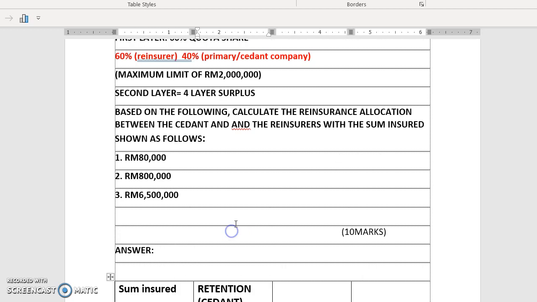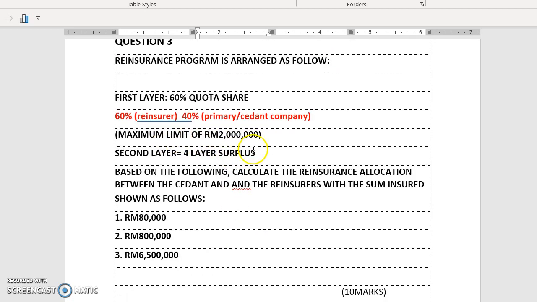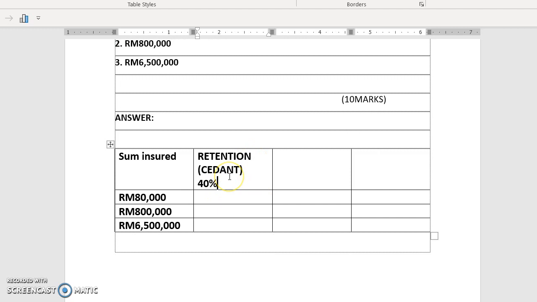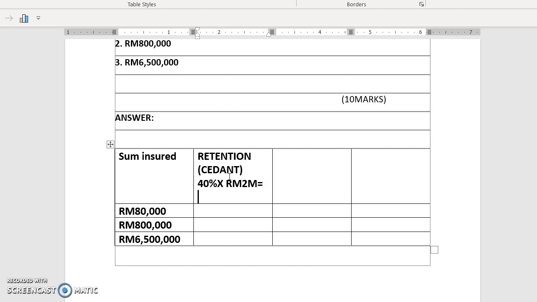So 40% is based on the maximum amount of risk. Based on this question, the maximum limit is 2 million, so 40% times 2 million. The maximum amount that should be paid by the ceding company is only 800,000.